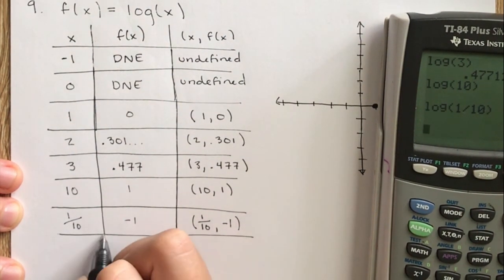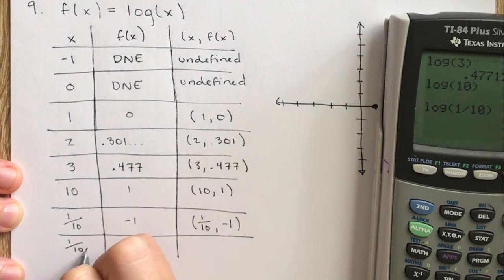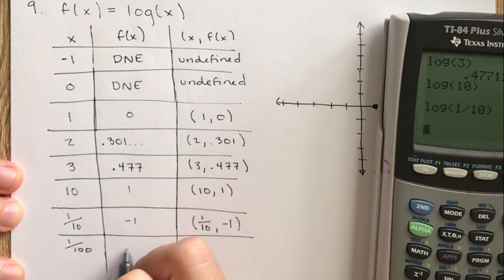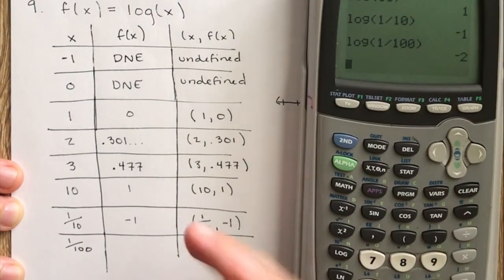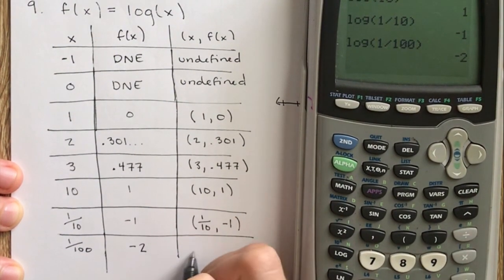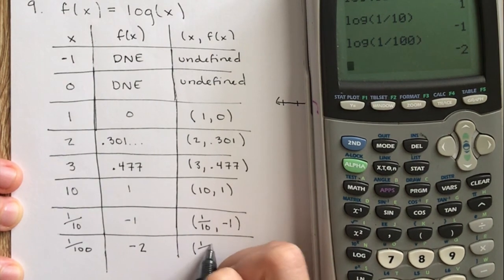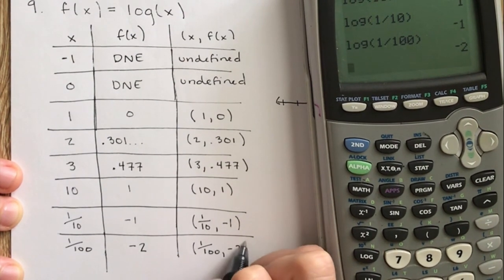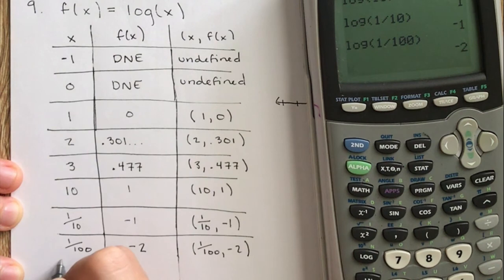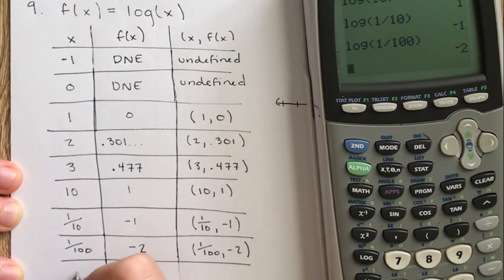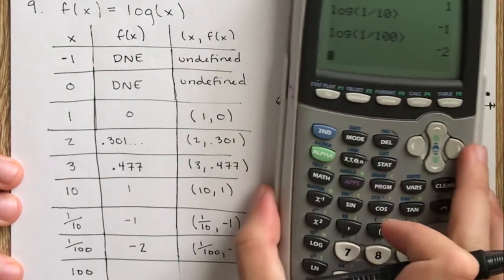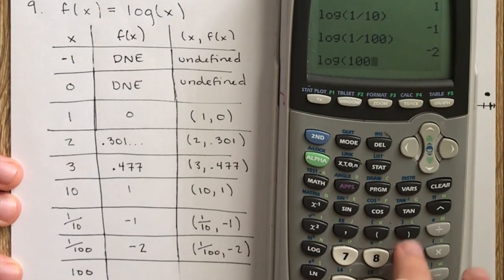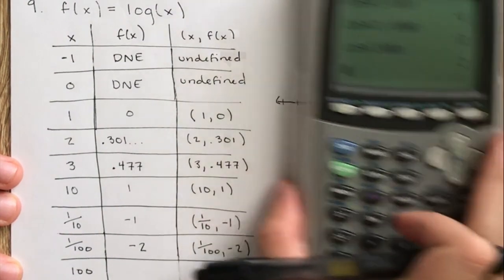If I put in 1 over 100, I get -2. And now, last but not least, let's say we're looking at 100, just to sort of round it out and see really what's going on here. So log of 100 is 2.